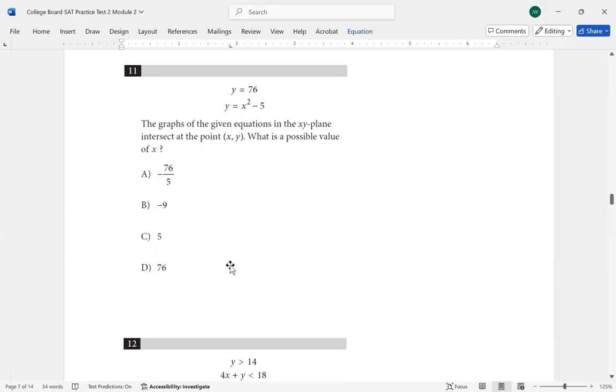Question 11 gives us y is equal to 76 and y is equal to x squared minus 5. Then it says the graphs of the given equations in the xy plane intersect at point x comma y. What is a possible value of x?